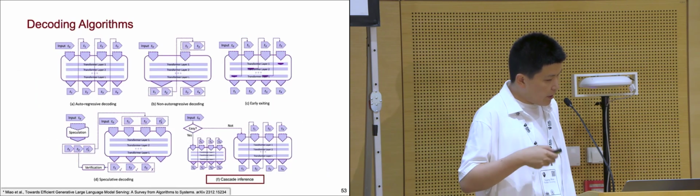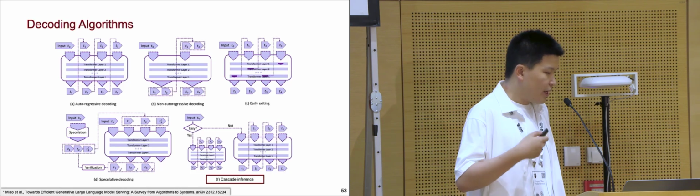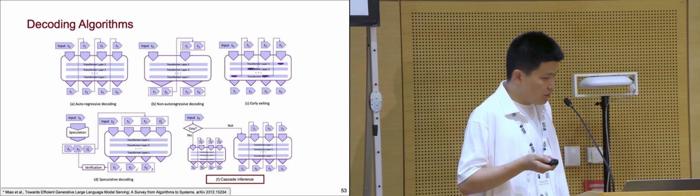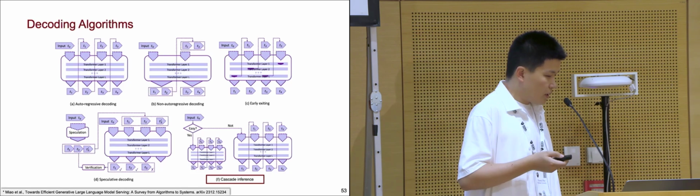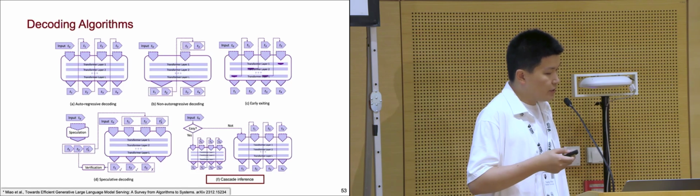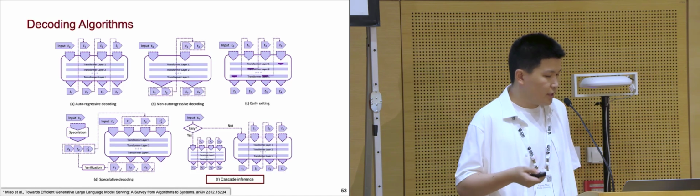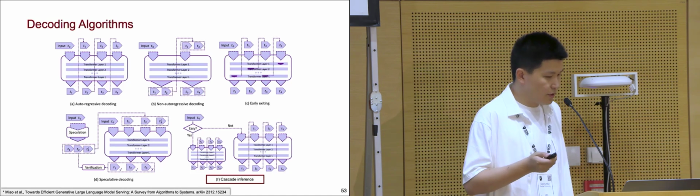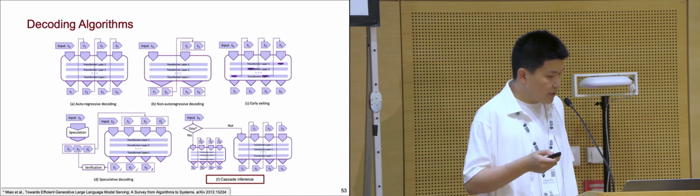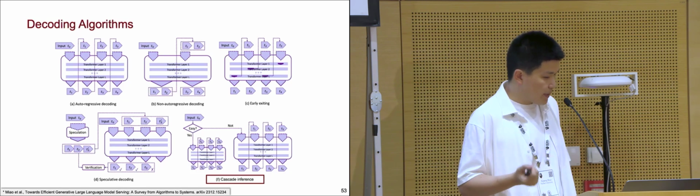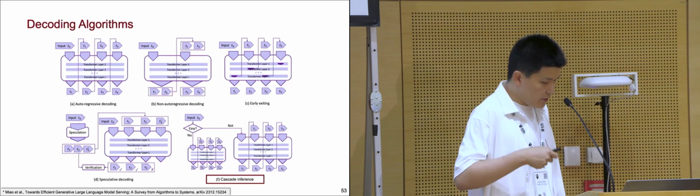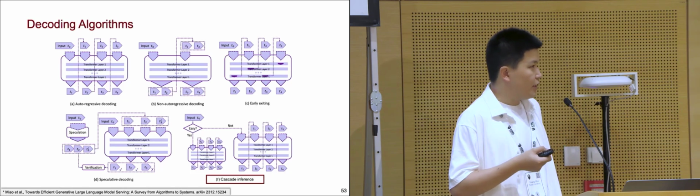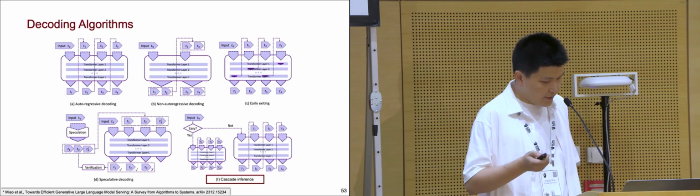We have compared with, for example, vLLM, NVIDIA's FasterTransformer, and also Hugging Face TGI. We also create a baseline by using SpecInfer but running the default incremental decoding approach. And then you can see that by introducing our tree-based speculative decoding approach, we can achieve very significant speedups in all these different scenarios, models, and datasets.